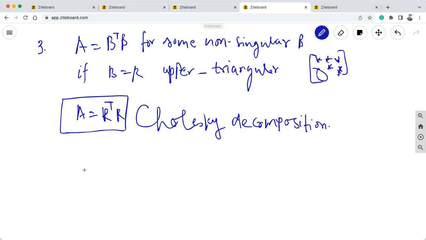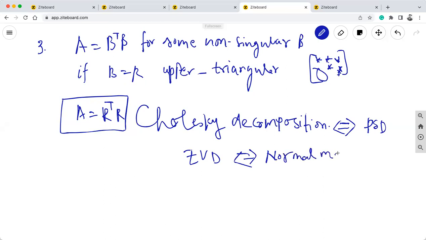So for any PSD matrix, Cholesky decomposition must exist. And eigenvalue decomposition should exist for any real normal matrix. This is a very important fact.